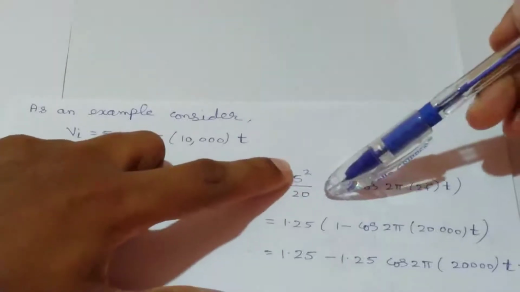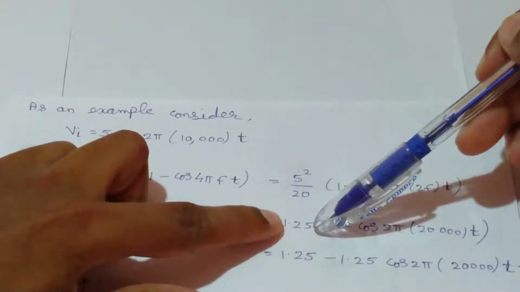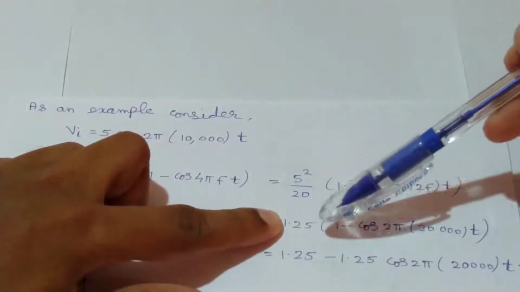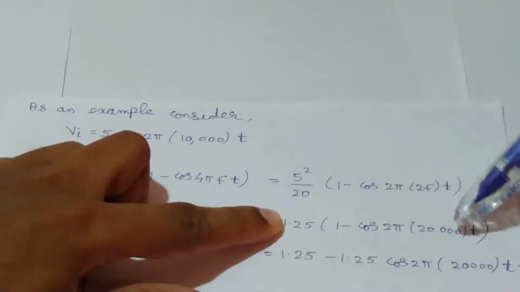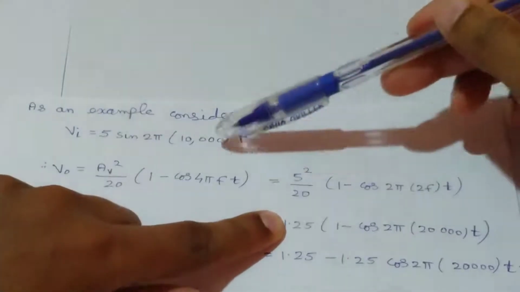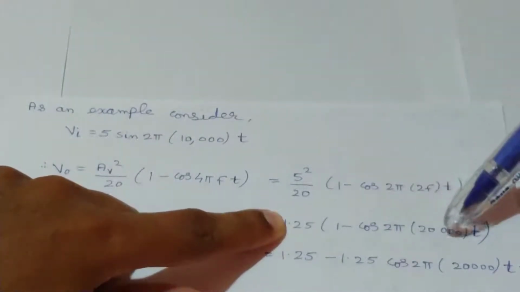Then 5 square divided by 20 is 1.25 and hence we will get 1.25 into 1 minus cos 2 pi into 20,000 into t. f is 10,000, hence 2f will be 20,000.